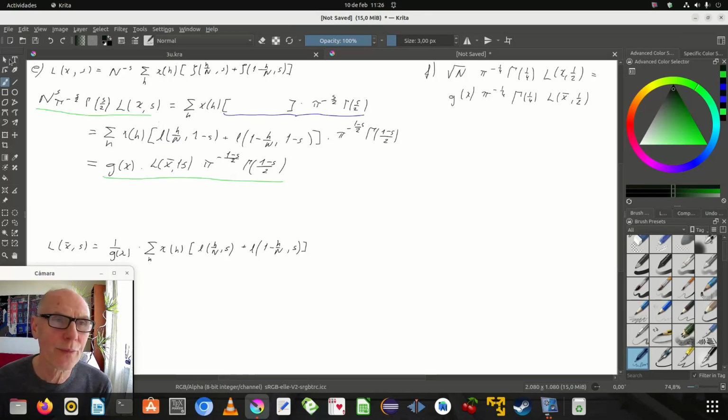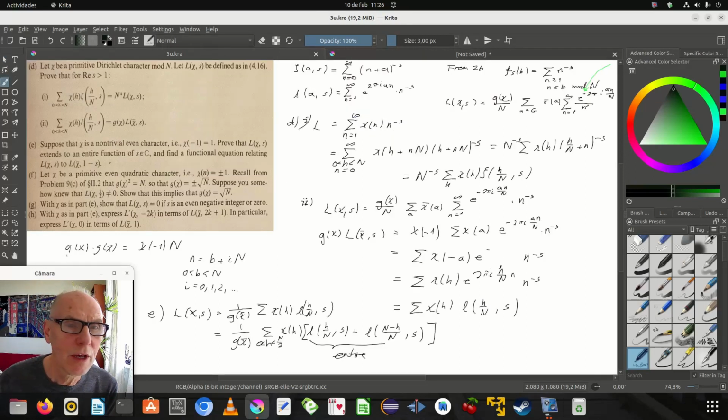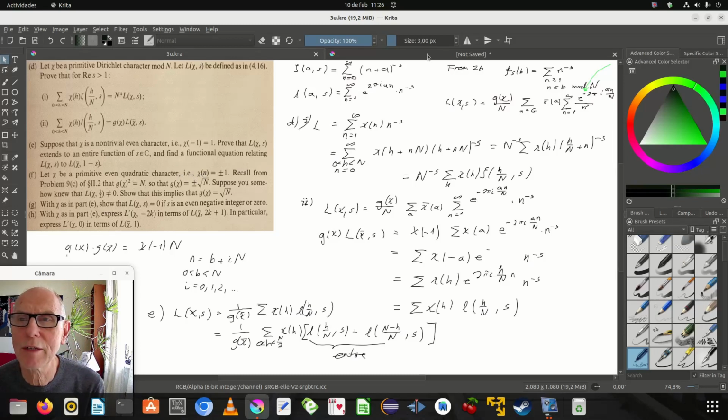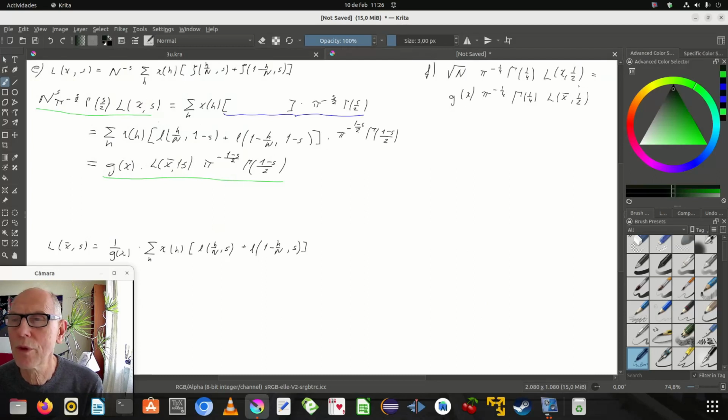And we were informed in the problem here that chi is a quadratic character, meaning it only has real values, plus minus 1. And that implies, of course, that these two are equal.